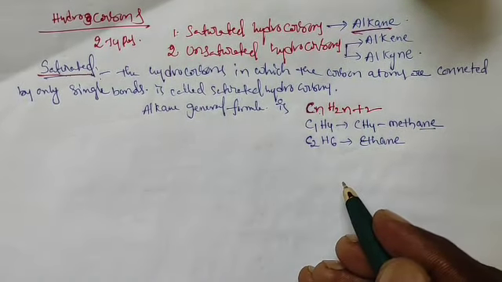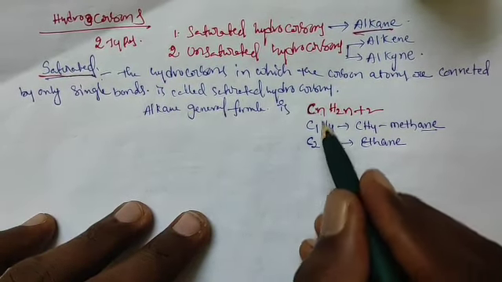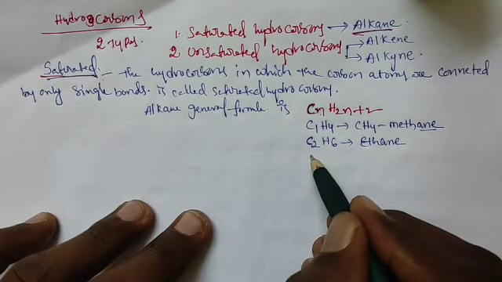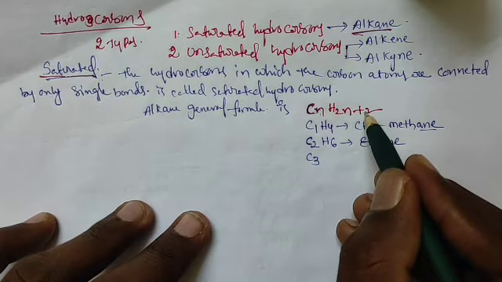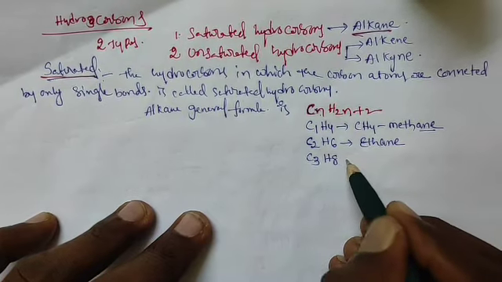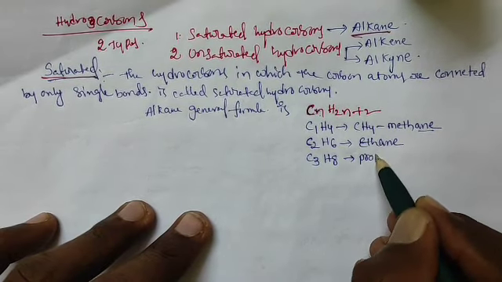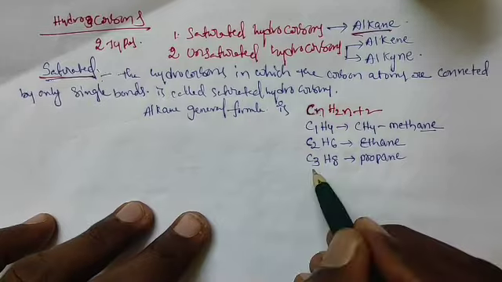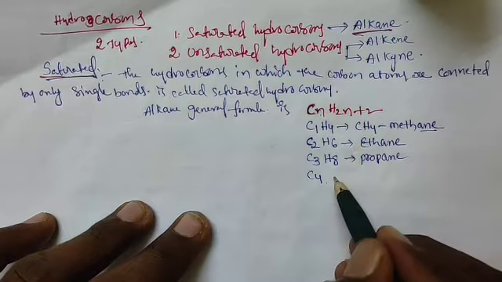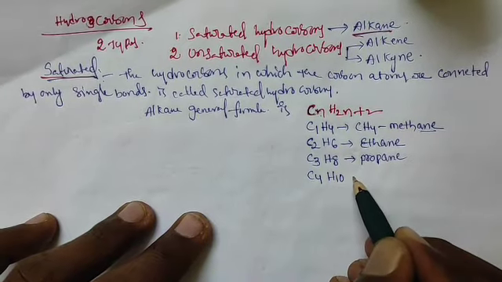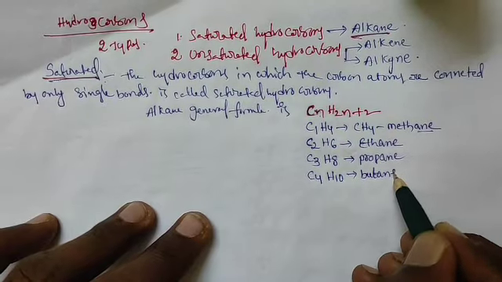This nomenclature we will discuss; I think you already know it. Next, instead of n you can take 3: C3, H(3 into 2, 6, plus 2) is 8, C3H8, propane. Instead of n, you can take 4: C4, H(4 into 2 is 8, plus 2) is 10, C4H10, butane.